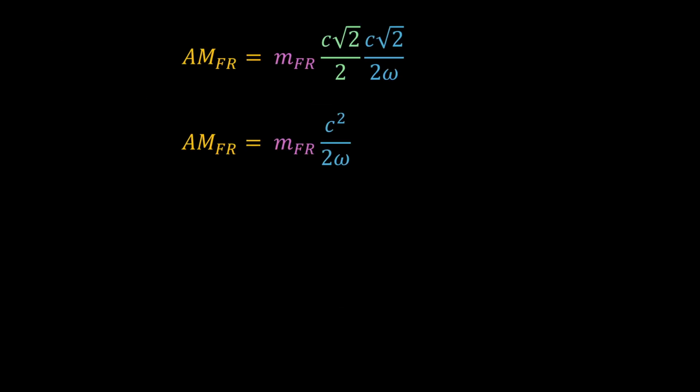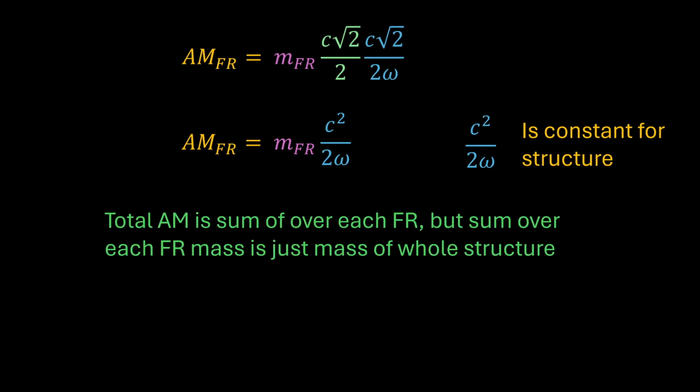But c squared on 2 omega is a constant for the structure. The total mass of the electron is the sum of all the individual FR masses, so the total angular momentum of the structure is just this total mass times the c squared upon 2 omega factor.